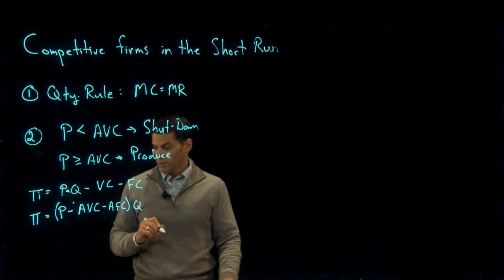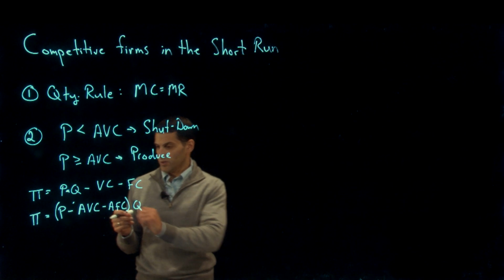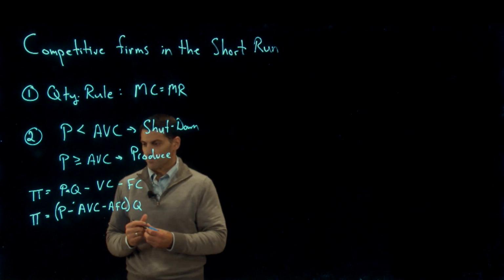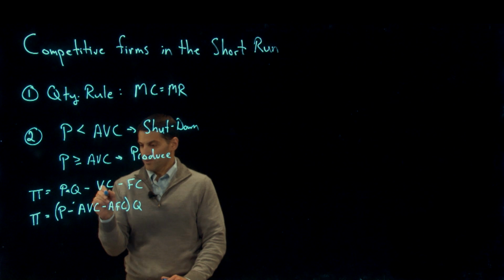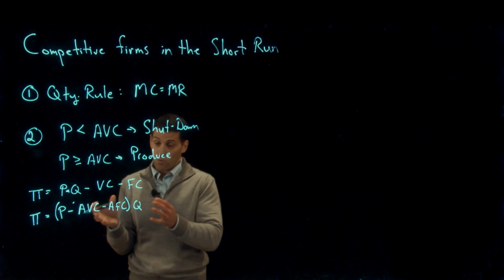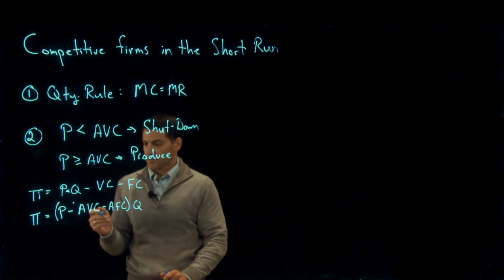Okay. And how do we actually get that? Well, you can imagine if you multiply and divide by your quantity. What we're trying to do is pull the quantity out as a common term.